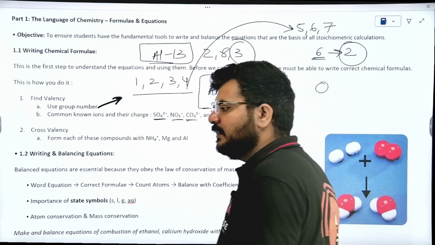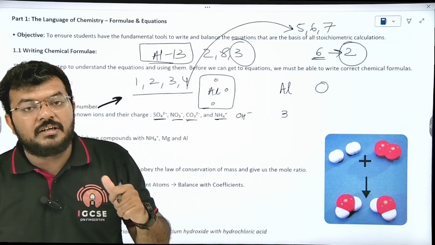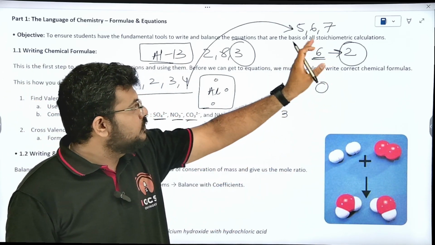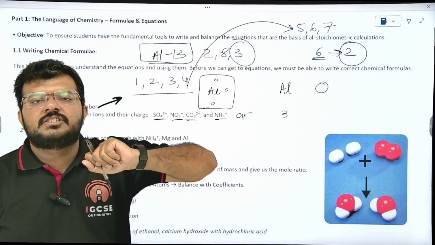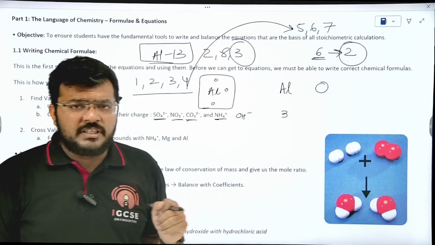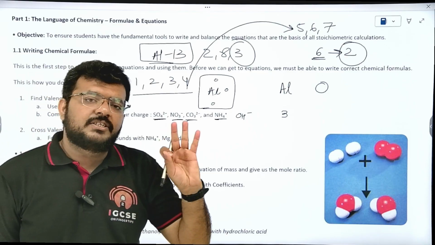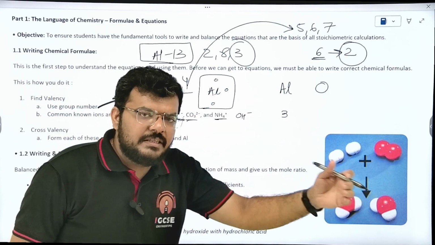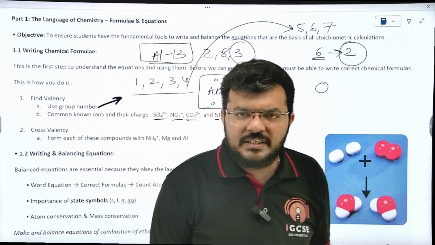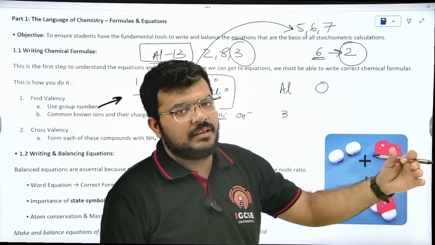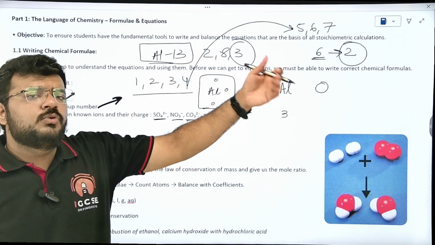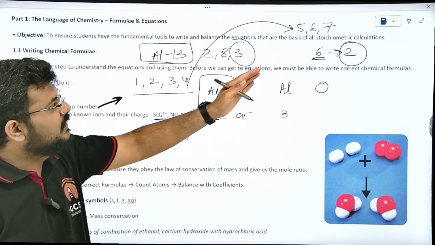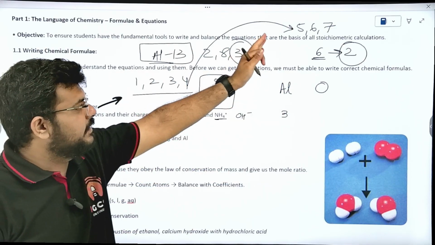So if something has 5 electrons in its outermost shell, you consider that it has a combining capacity of 3, right? 8 minus 5, because it will gain these 3 electrons or somehow share these electrons to get to 8, right? It does not want to lose these 5 electrons. So we subtract it from 8. 8 minus 5 will give you 3.